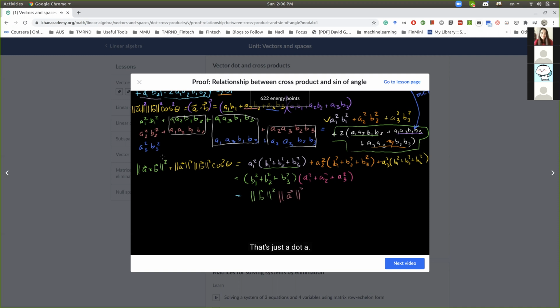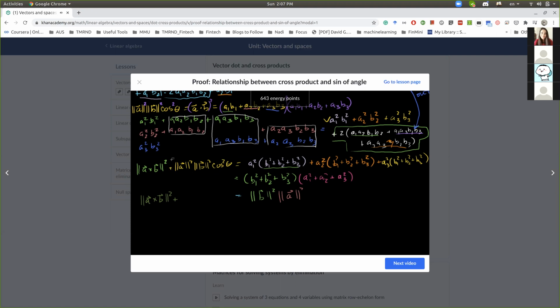So let me rewrite everything. So we have the length of a cross b squared, plus this thing, plus the length of, plus this, let me actually just copy and paste it, it's monotonous, plus that thing right there.